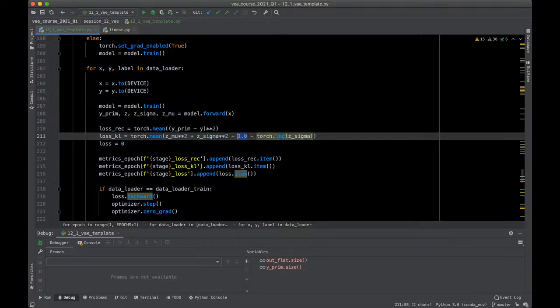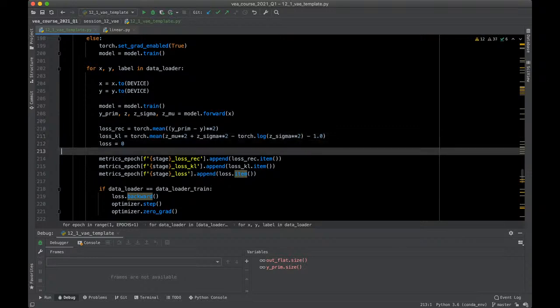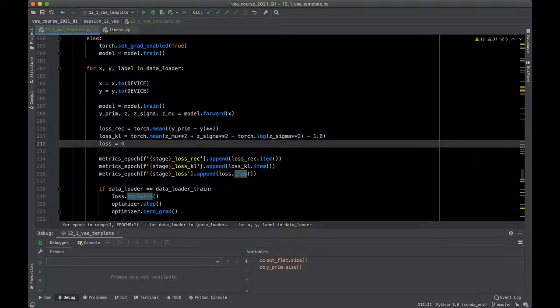So z sigma squared. Hopefully, I need to double check that one, but I think it should be okay. If there is some problem, I will let you know and update the Jamboard. I will double check the equations a little bit later.